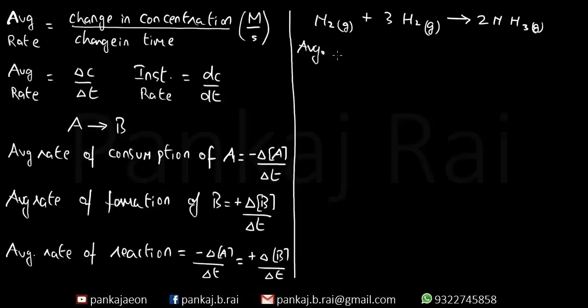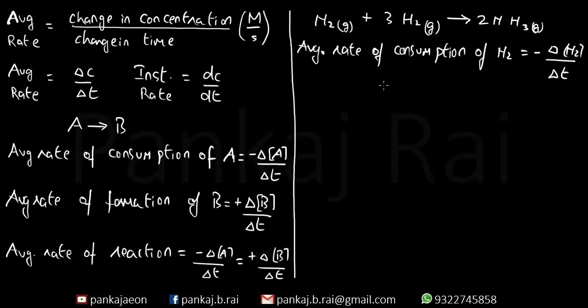So I'll say that average rate of consumption of N2 is minus, because it is rate of consumption, change in concentration of N2 upon change in time. It is so simple.